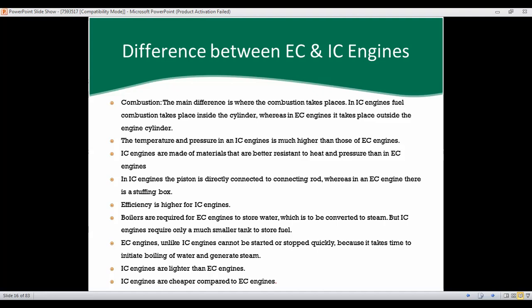Efficiency is higher for the IC engine. Boilers are required for the EC engine to store the water, which is converted to steam, but the IC engine requires only a much smaller tank to store the fuel. An EC engine, unlike an IC engine, can't be started or stopped quickly because it takes time to initiate the boiling of the water and generate steam.